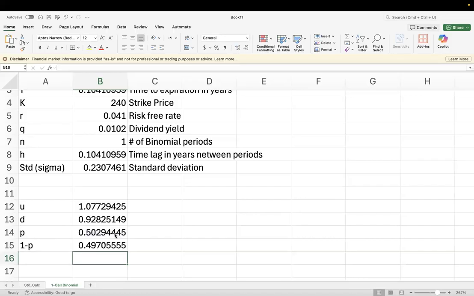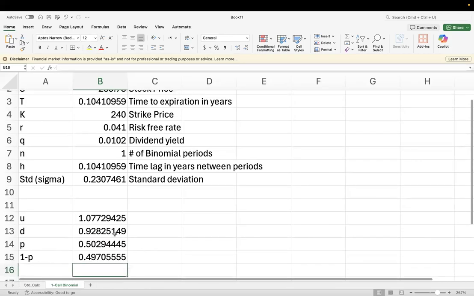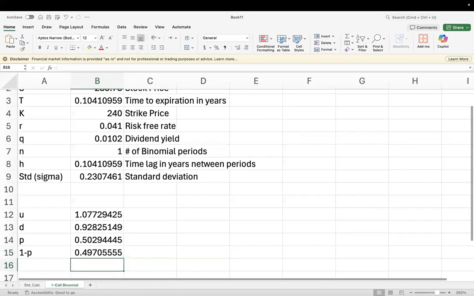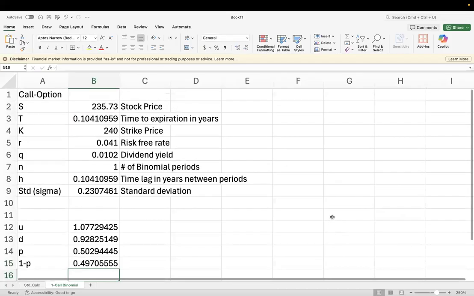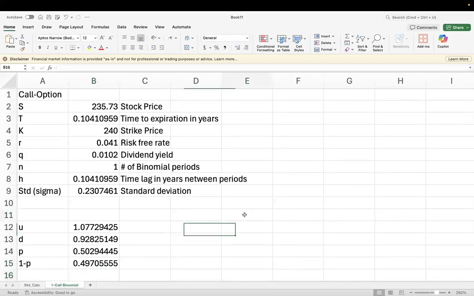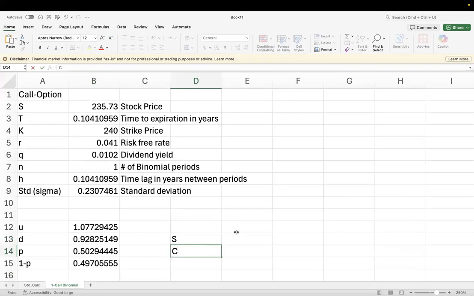I calculated U, D, P, 1 minus P. Now this one is super easy because it's just one time period, and I can just say here, let's say S and C, and then here the values that we have, S equals this, C is the thing we want to calculate.